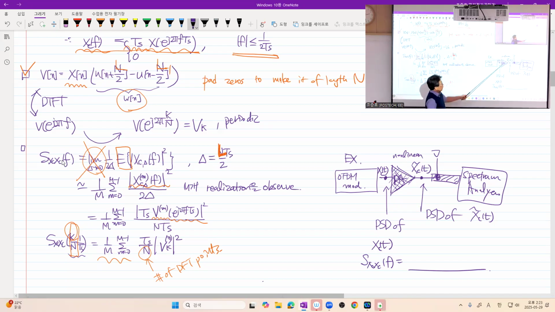So what we do is that we sample mathematically X tilde sub c of t, and then what do we do? We apply rectangular window, perform DFT, and new segment comes in, sample, apply rectangular window, perform DFT many times.